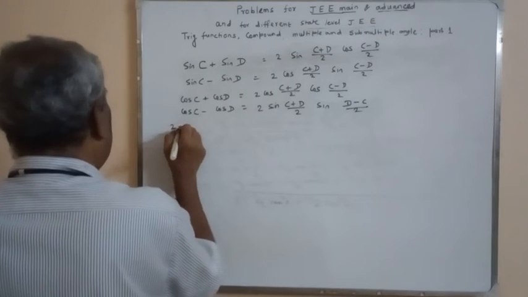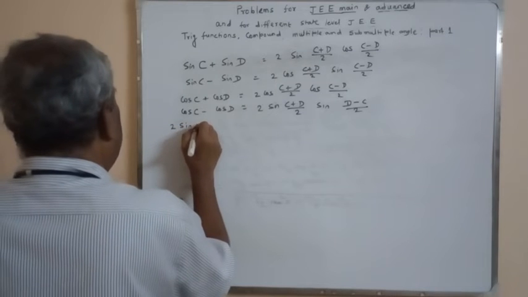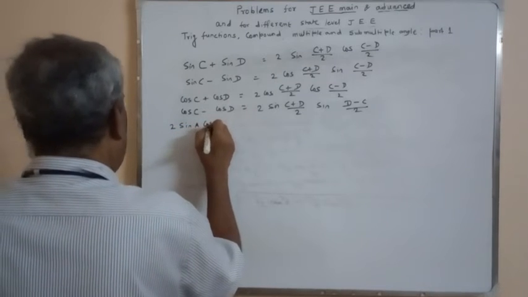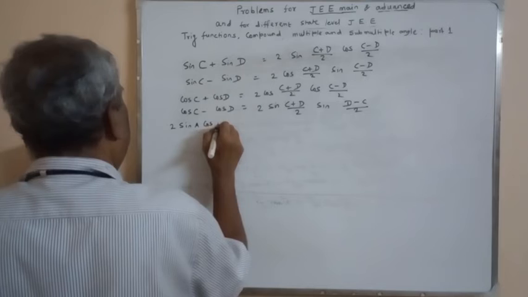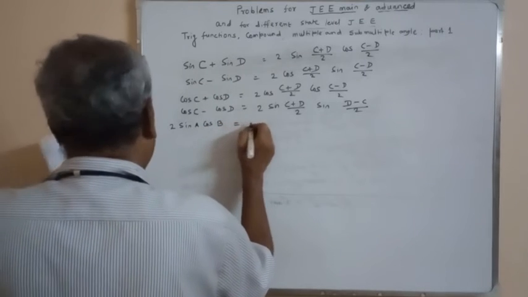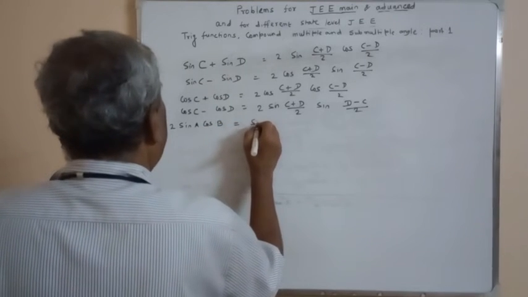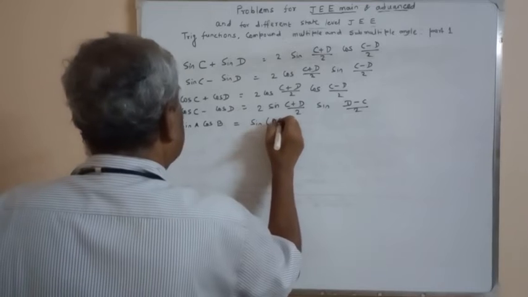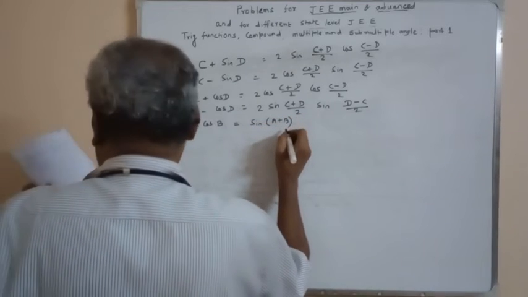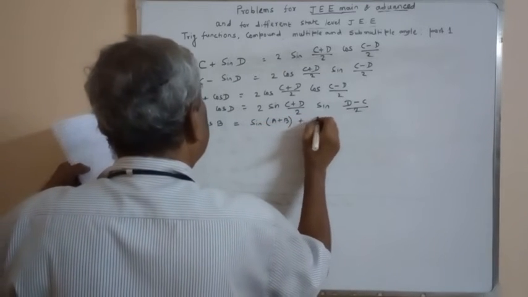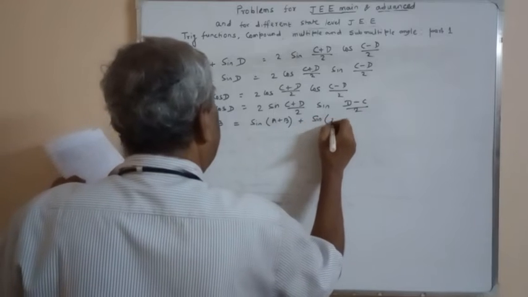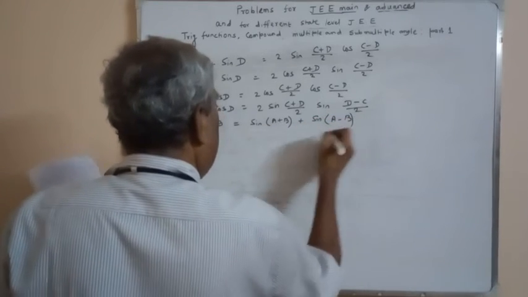Next, 2 sine A cos B is equal to sine of (A plus B) plus sine of (A minus B).